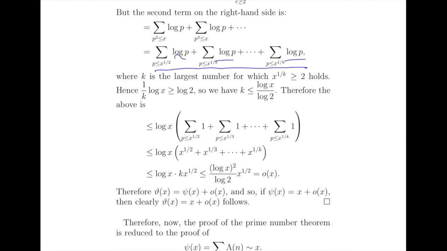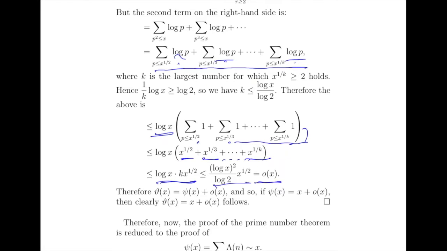So we replace these log p by log x and take out from the summation. Then we obtain this expression, and these summations are less than x to the 1 over 2, x to the 1 over 3, and so on, up to x to the 1 over k. So therefore, this is log x times k times x to the half, and finally this is obviously small o of x.